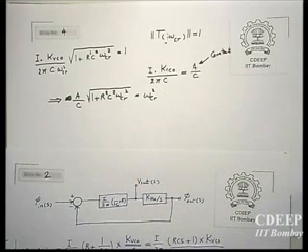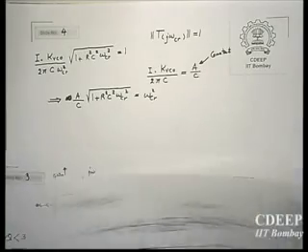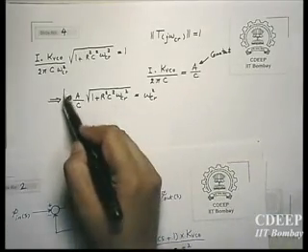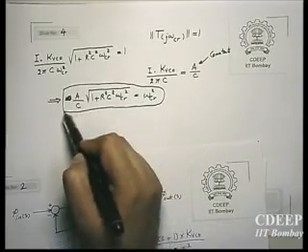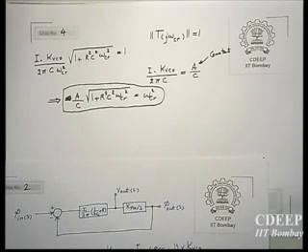So this is a second order equation, and therefore you can easily get the crossover frequency from this equation. If you design your crossover frequency, this means you now know the relation between R and C.